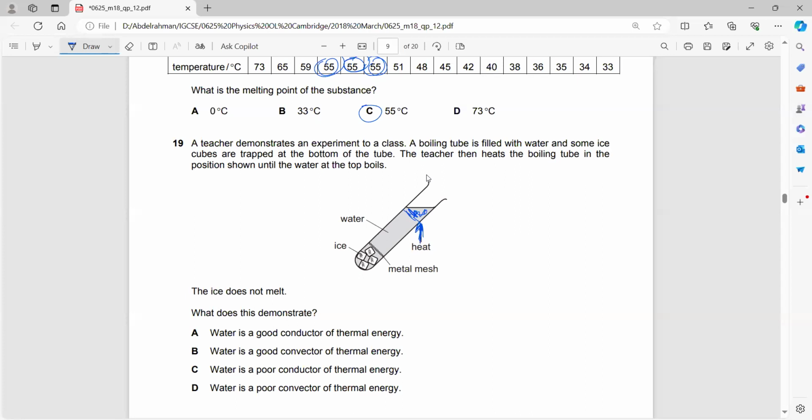What happens? The top of the water starts to boil, but the ice does not melt.